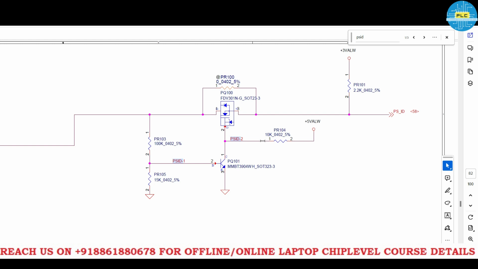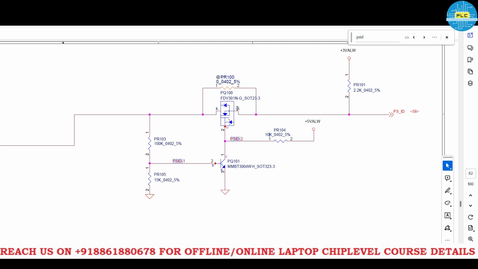I'm telling you in that case, don't short this or directly put a jumper. Please don't do those things, because those are costly laptops. You will lose something. The board may get damaged. So, as a precaution, I'm telling you, the board may get damaged, so please don't do this kind of circus.